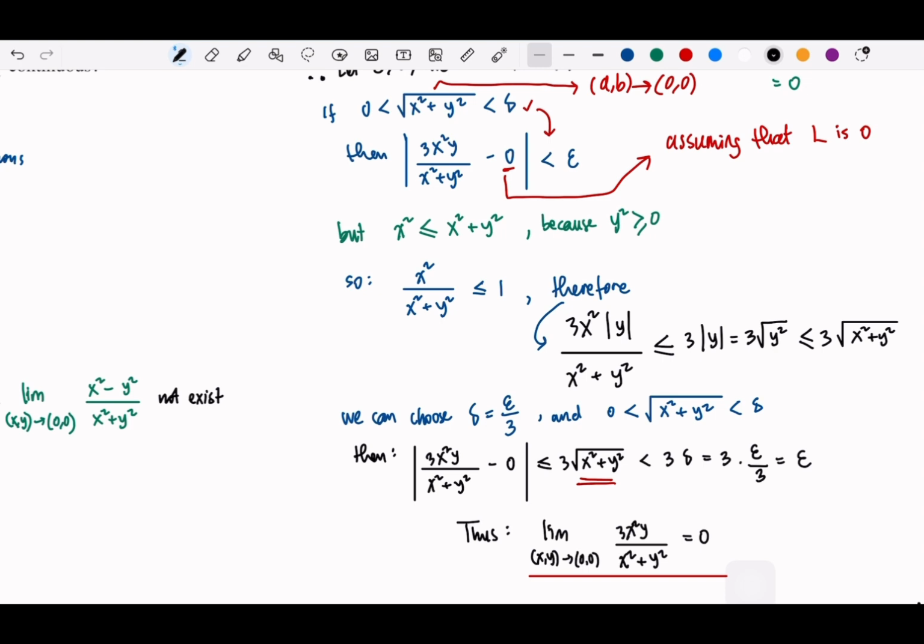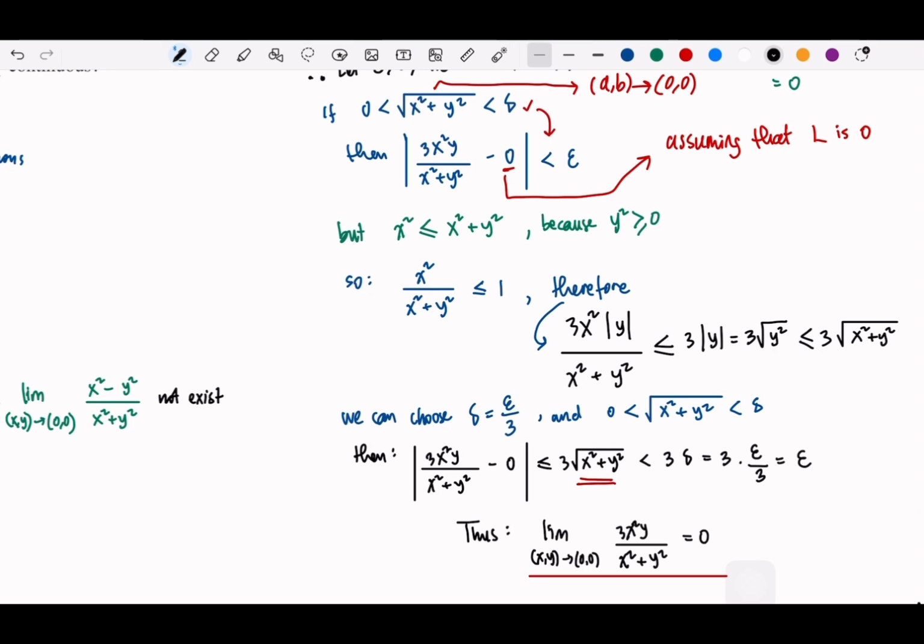Yes. So then we can compare our delta with epsilon. The absolute value of the function minus the possible limit is less than our expanded epsilon. The expanded epsilon is consequently less than delta from the beginning.